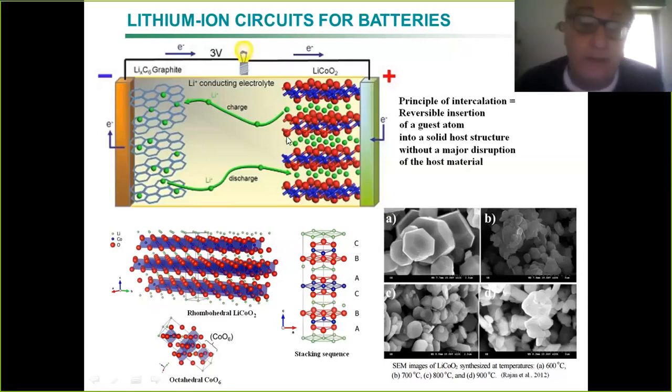Of course, there is one consideration which is important to do. We have a charge and discharge. This might seem trivial, but it is important to say that there is a charge and discharge, but this is not without any limit for thermodynamical reasons.